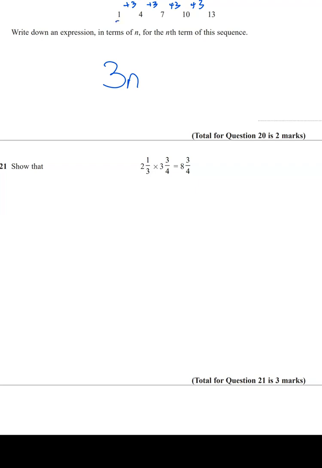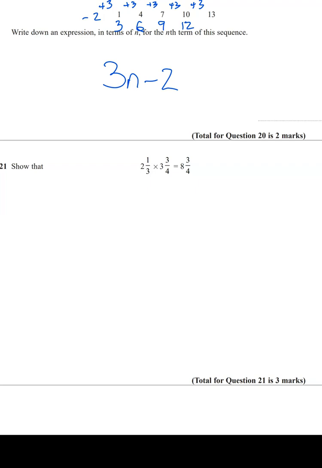But if I had my 3 times table, I'd have 3, 6, 9, 12, etc. I need to take away 2 each time. Okay, now some people actually work back, get the minus 2 there, so they carry on the sequence down. Either way, it's 3n minus 2.